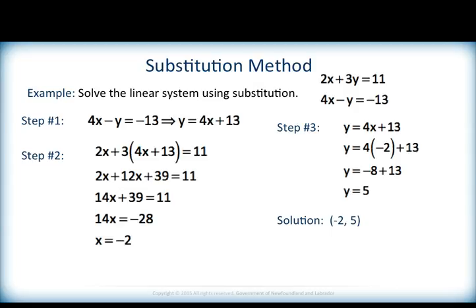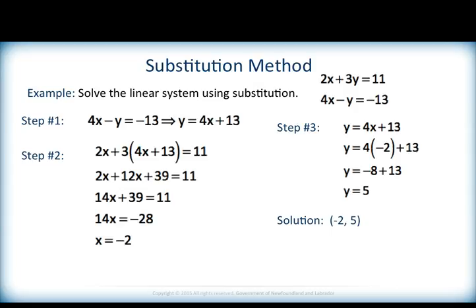You're going to check to see if there's a coefficient of positive or negative 1, because that will make that equation easy to rearrange for and rewrite it according to that term. So if you notice, 4x subtract y equals negative 13. Y has a coefficient of negative 1. So we're going to rewrite that equation so that we have y equals. And when we do this, we end up getting y equals 4x plus 13.